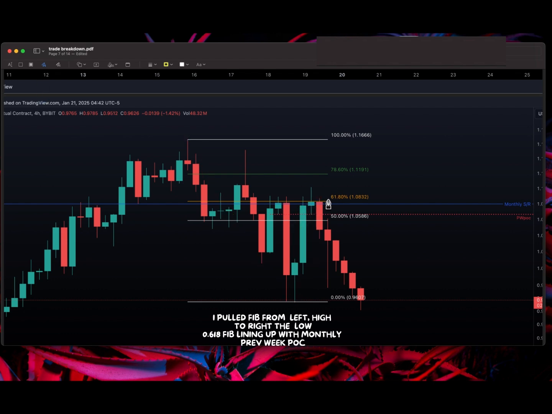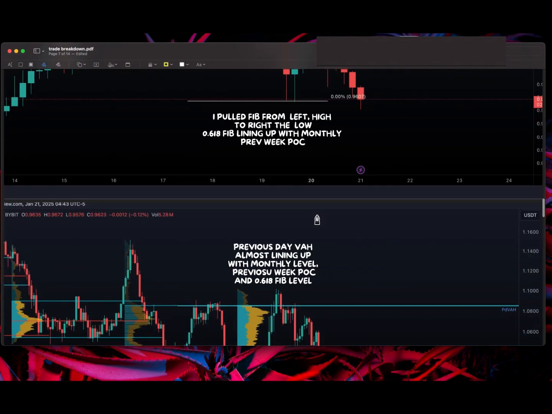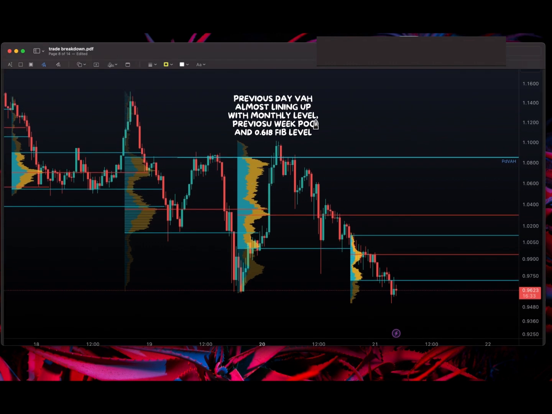I noticed the 0.618 is lining up with the monthly level and the previous week POC. Also the Sunday value area high and Saturday value area high are lining up with the 0.618, the monthly, and the previous week POC.